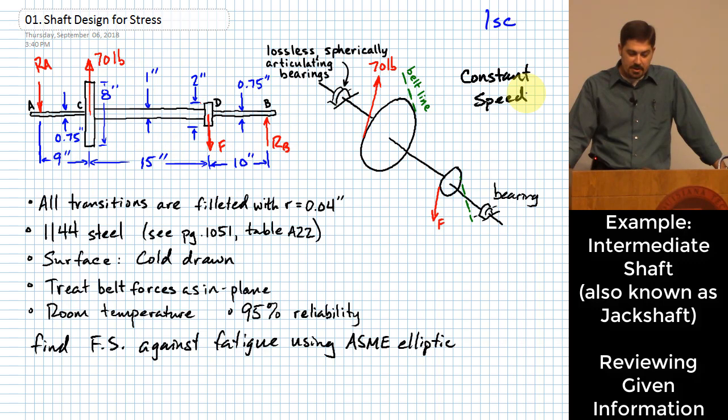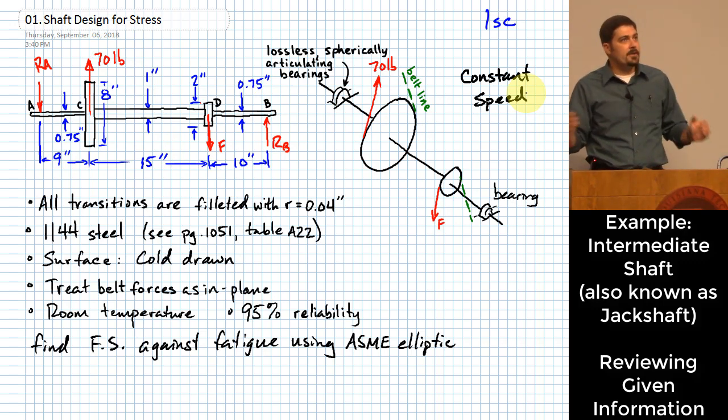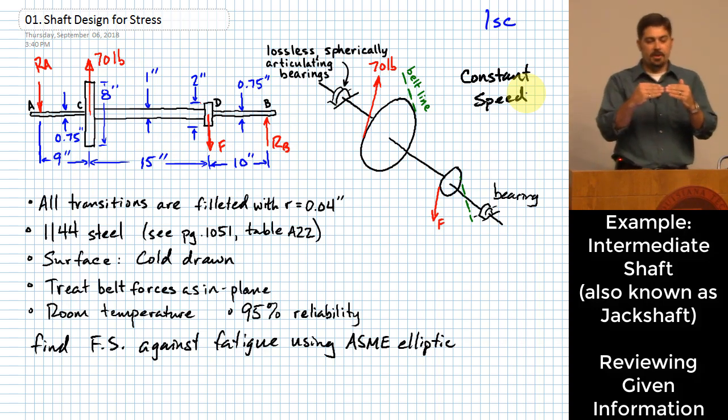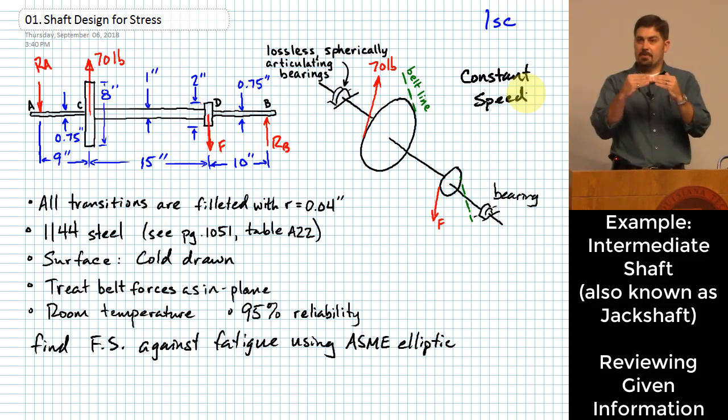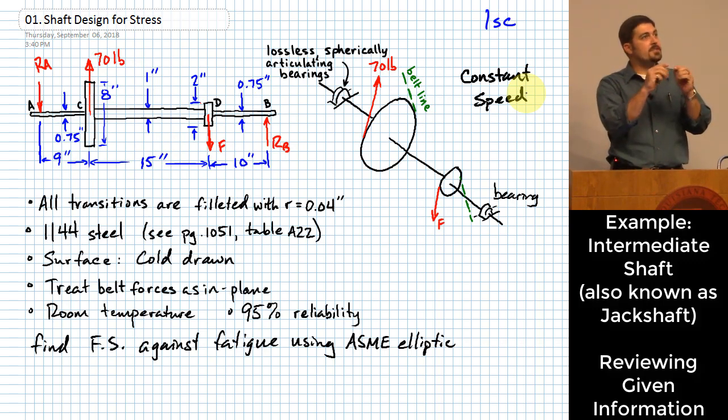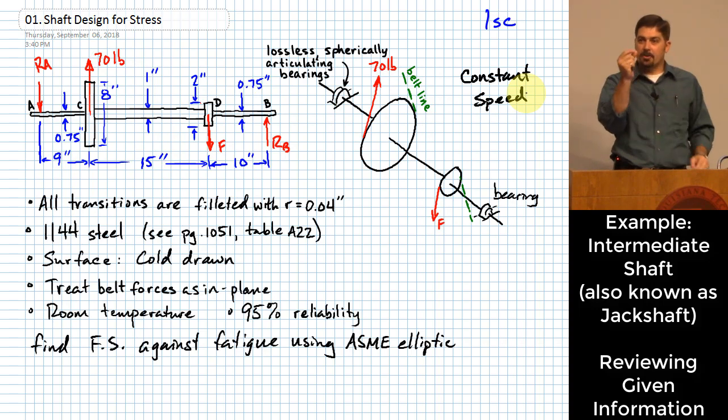And so especially in the case of fatigue type of questions, where the process of fatigue generally involves you stressing something one direction and then the other direction, and then the first direction, then back again. What that does is it tends to open and close little micro cracks that might be on the surface of a part. And so it really matters a lot to us what that surface looks like, because it gives us a clue as to how many of those micro cracks might exist on the surface.